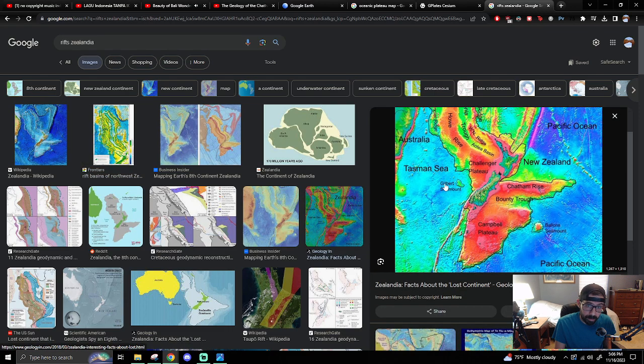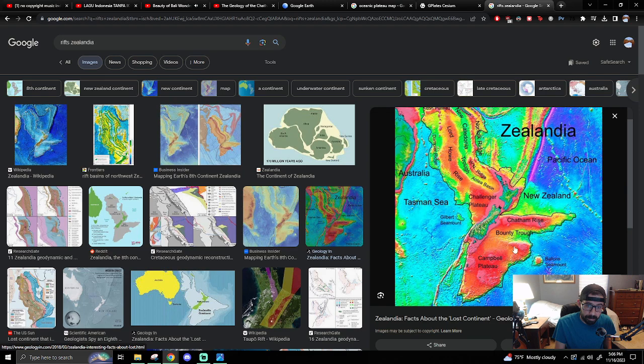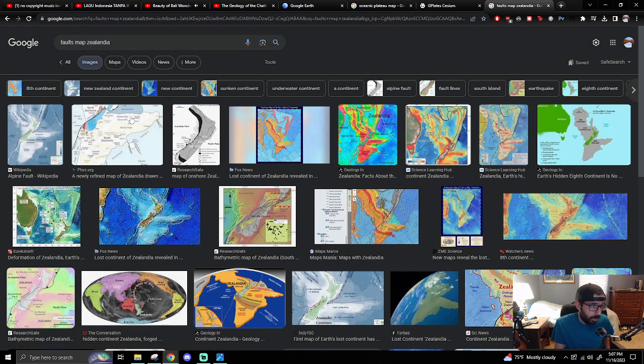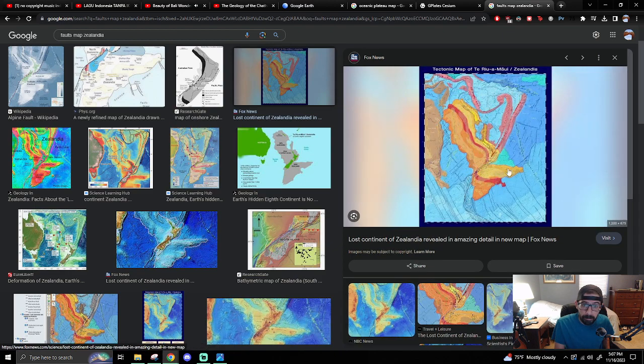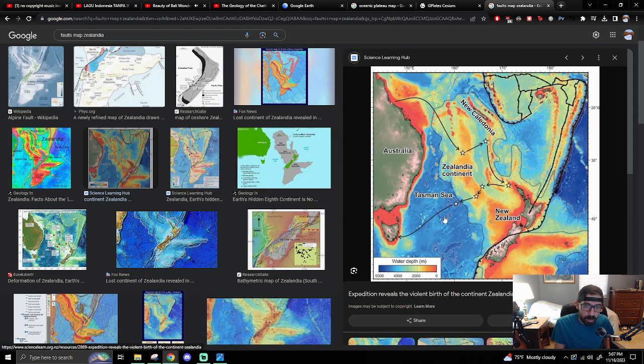So here's Zealandia. And Chatham Rise here apparently has faults forming when Zealandia rifted from Gondwana. So faults map, Zealandia. It's just New Zealand, mostly. Not sure. Okay.